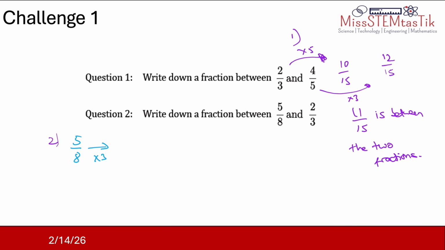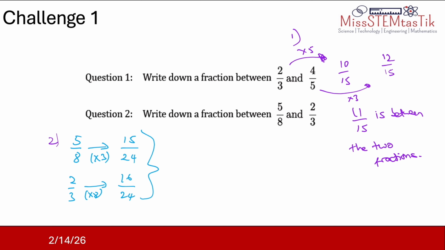And the second fraction, 2/3, if I multiply that by 8, I will get 16/24. Now, 15 and 16 are consecutive integers. So a number between them will be 15.5. So 15.5/24. The next step is to multiply by 2 to make the numerator an integer.